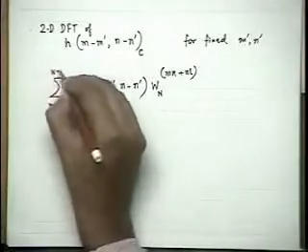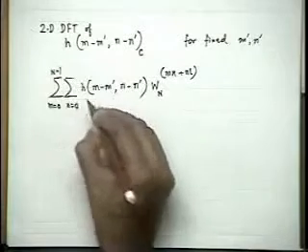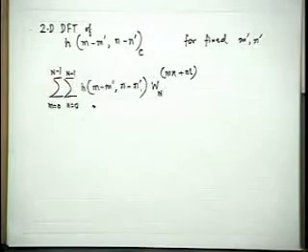And this double summation is defined over which space? Simply m equal to 0 to N minus 1 and n equal to 0 to N minus 1. This is the two-dimensional discrete Fourier transform.